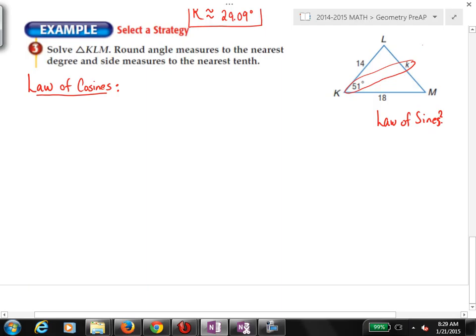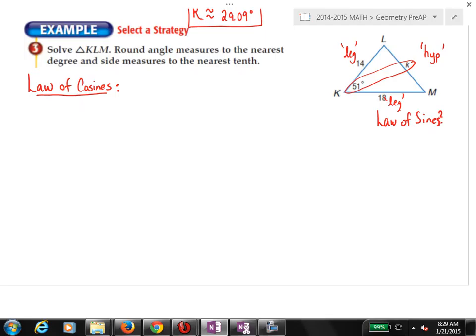So I'm going to call this one sort of my hypotenuse, and then these would be the legs. And again, in quotations, because this is not really a right triangle, definitions don't really apply, but it does help us set up the law of cosines to avoid having to memorize all those formulas, or even if I give you a formula chart, it can be very confusing with all those variables.